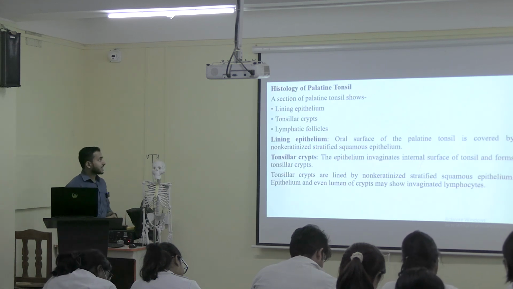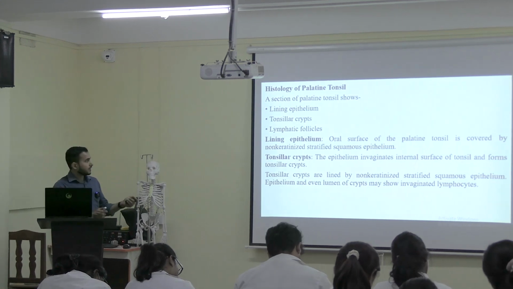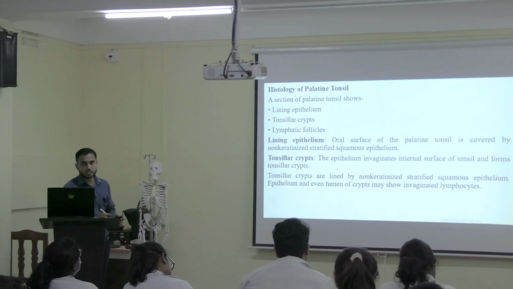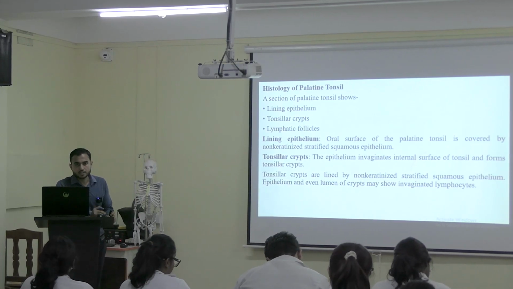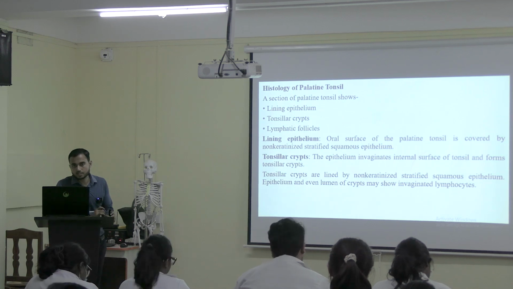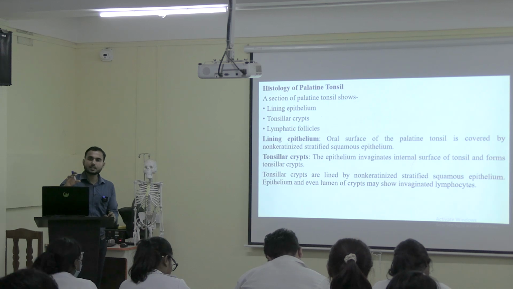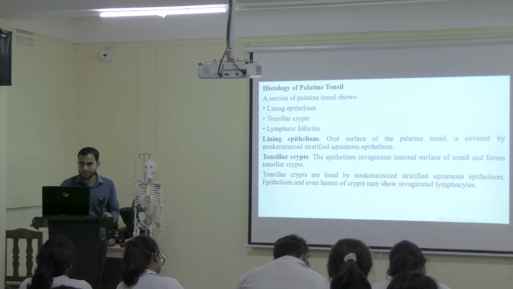Now, if you take a section of the tonsil, three parts can be seen: lining epithelium, tonsillar crypts and lymphatic follicles. What is the lining epithelium? Stratified squamous non-keratinized epithelium. Then you get the tonsillar crypts. I hope you remember the intestinal crypts when we discussed the intestine.